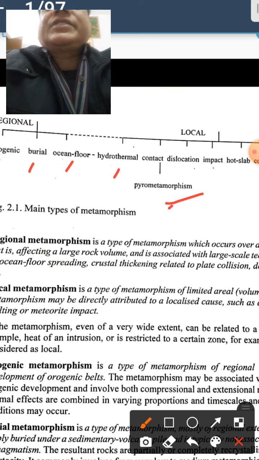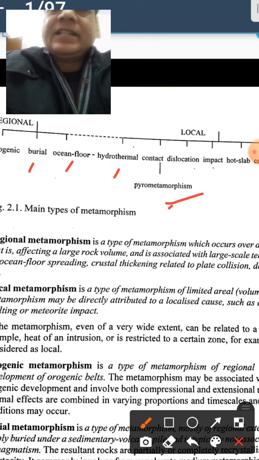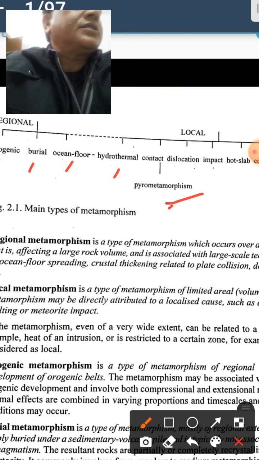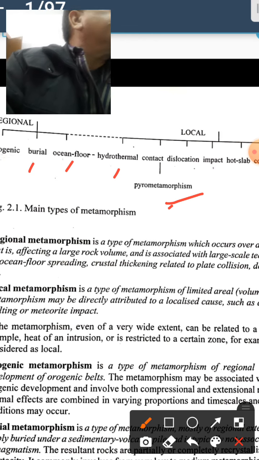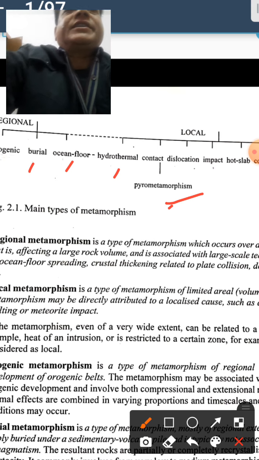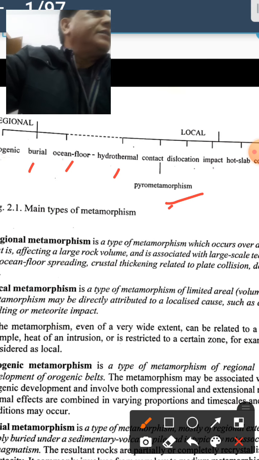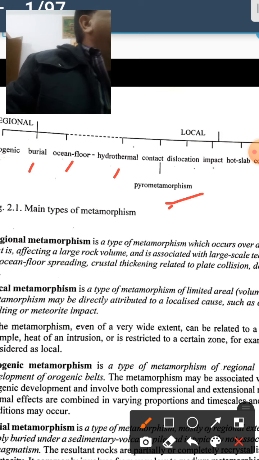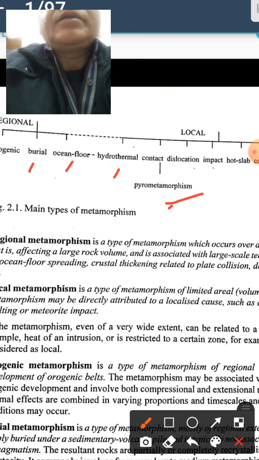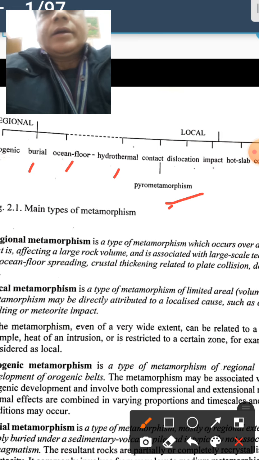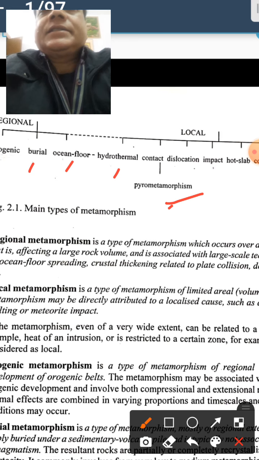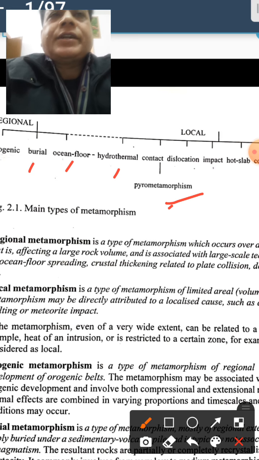So extraterrestrial metamorphism comes under local metamorphism, and this is due to the impact of a meteorite.